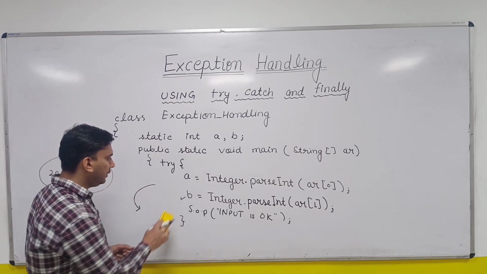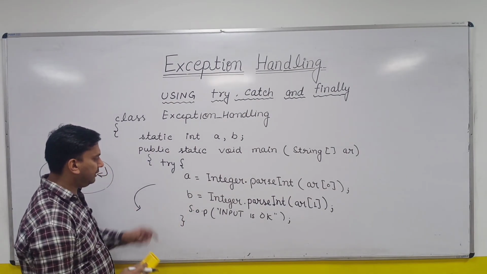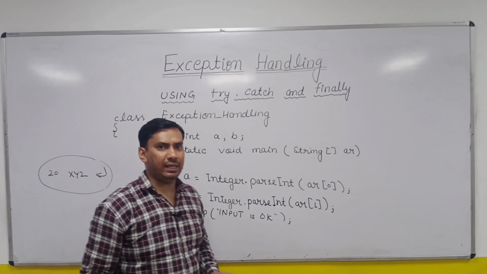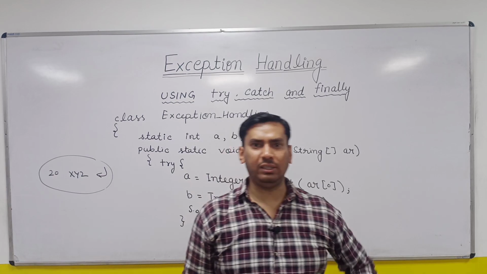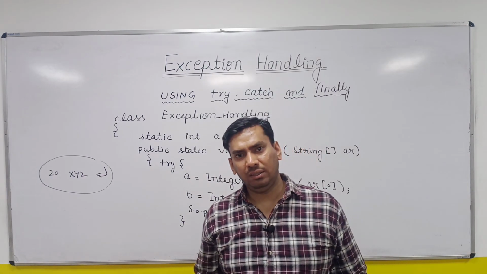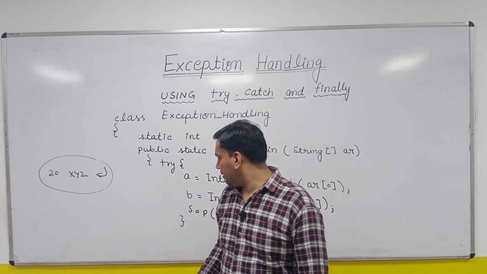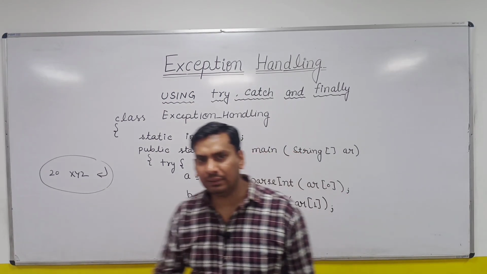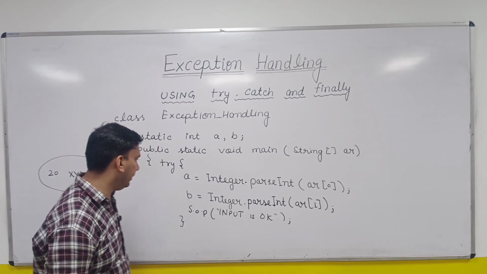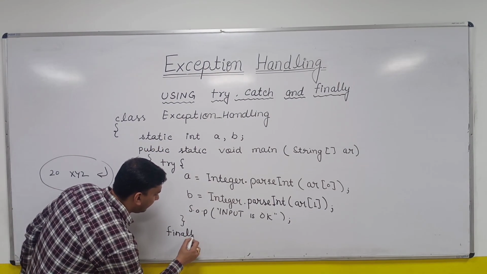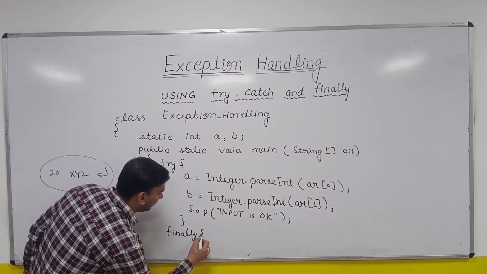So I have written this kind of statement in the try block. Now to accompany this try block, I will write either the catch block or the finally block, or only the catch block, or both. Let's say I am writing the finally block here. The finally block is not going to handle the exception.